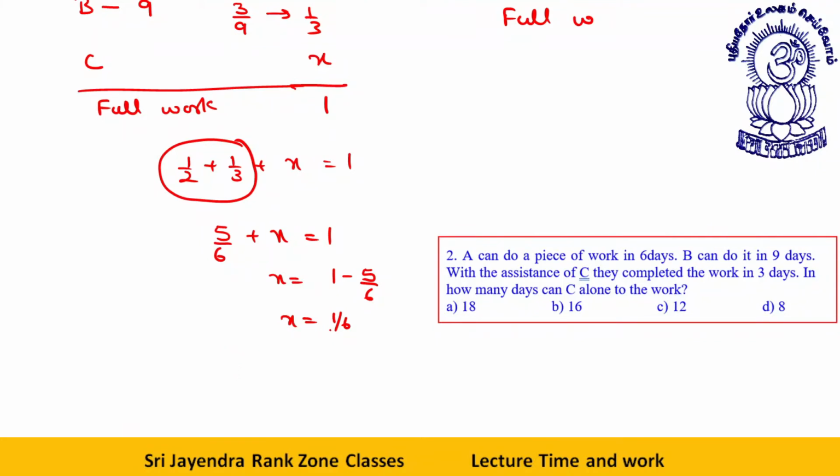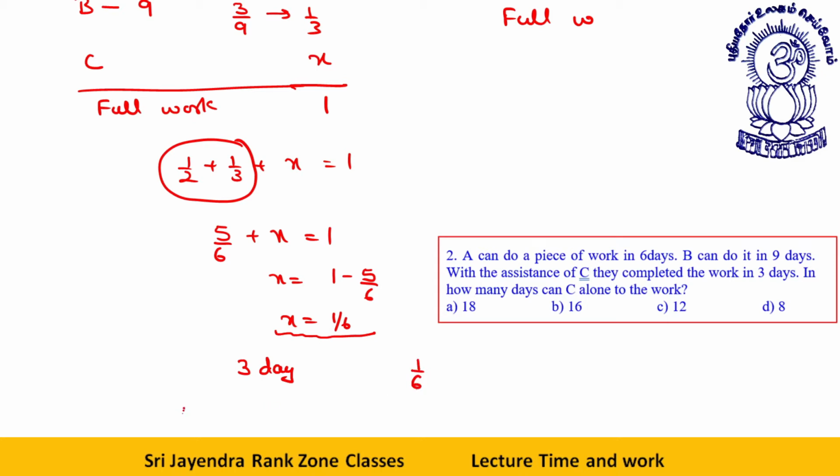Now, see students, C does 1/6 of the work in 3 days. So in 3 days, how much work is done by C? 1/6.